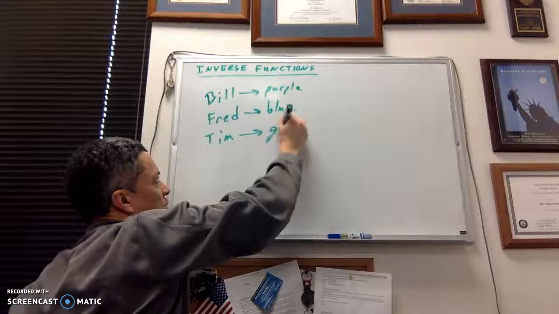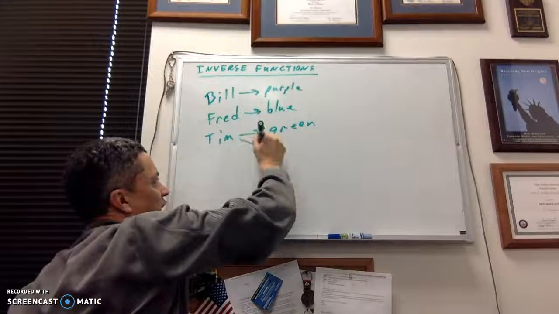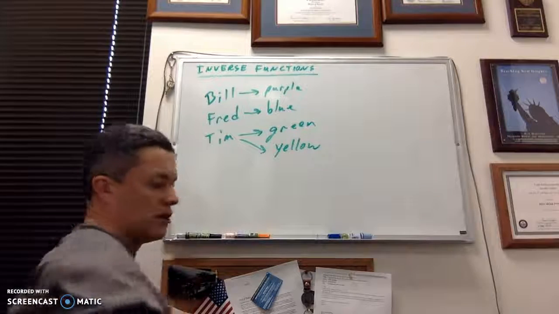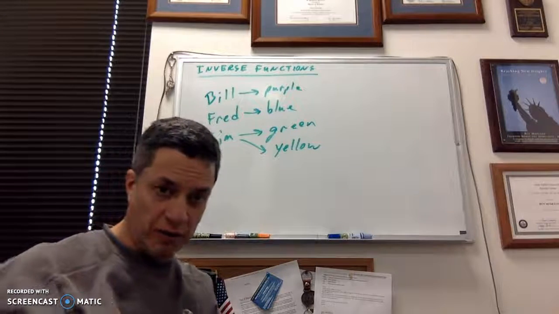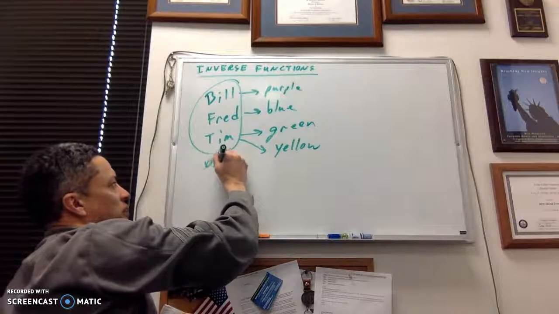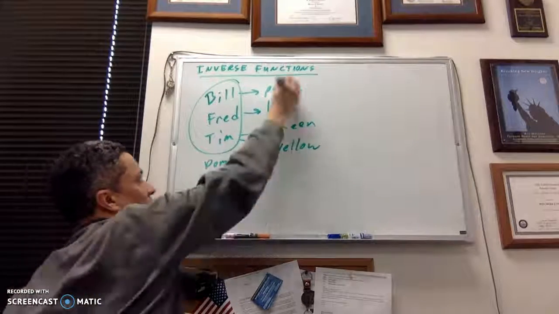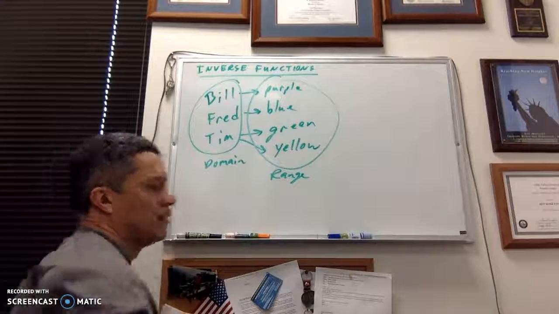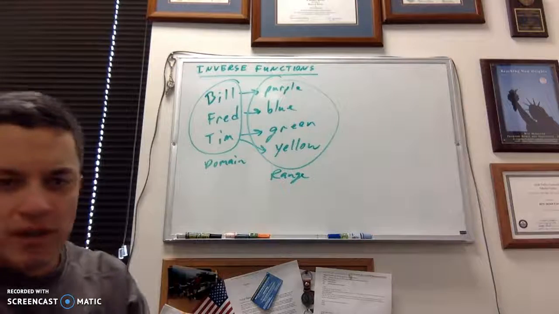And Tim, he's torn. Okay, he's got green and yellow as his favorite colors. So is that going to be a function with what I've written? Well, here, what I've got here, these names are going to be my domains. And these guys here, that's my range. So the issue's with Tim, right?